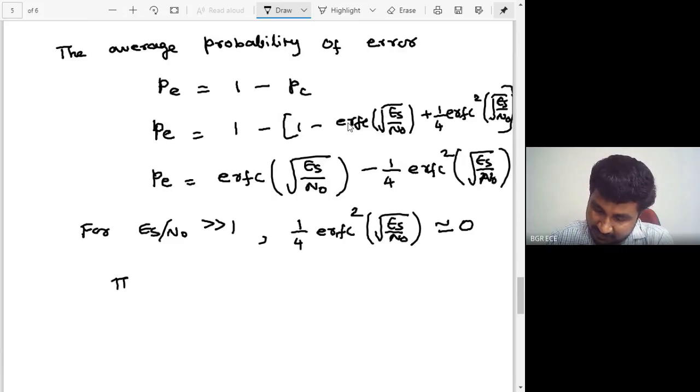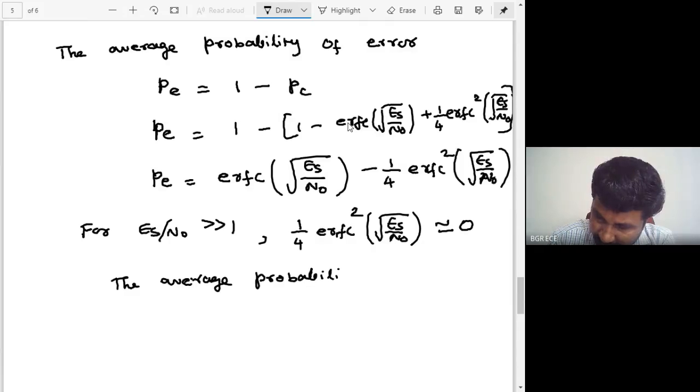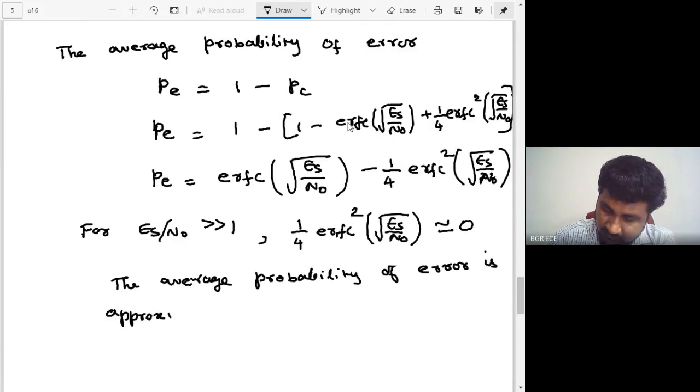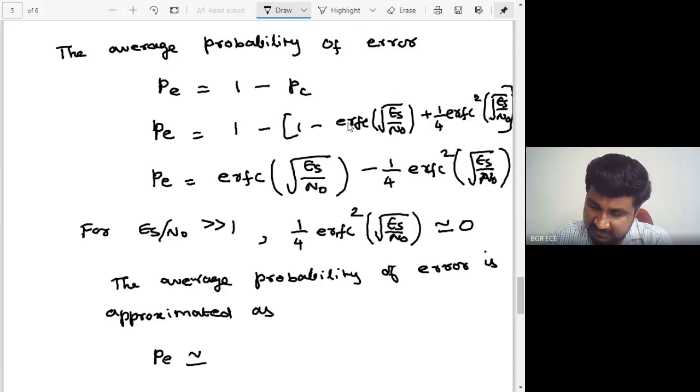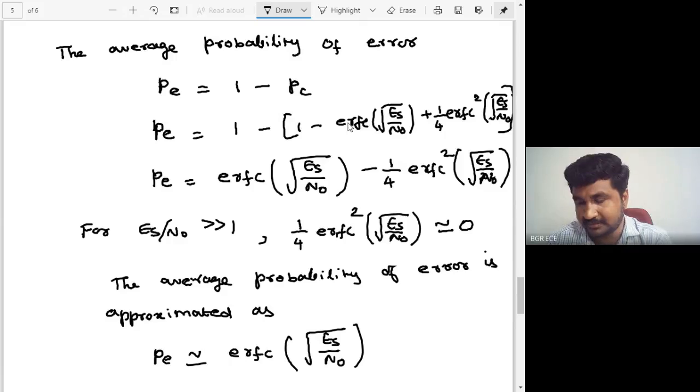Hence, the average probability of error is approximated as PE approximately equal to error function of square root of ES by N naught.